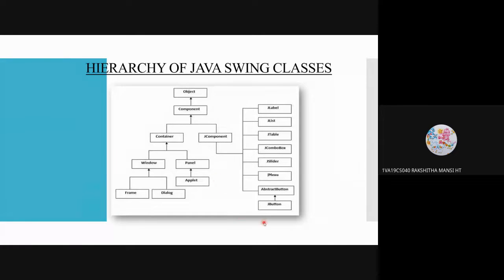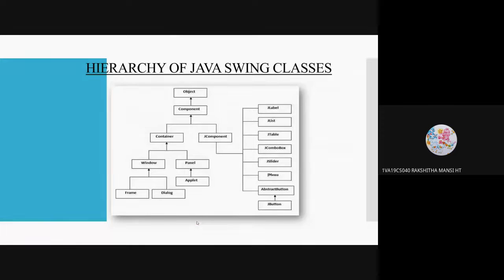Some of the important classes we use would be components like JButton, JList, JTable, and all these are important J components. Again, a container would have the window and the panel, and a window would have a frame and a dialog. So this is how the hierarchy of a Swing class looks.